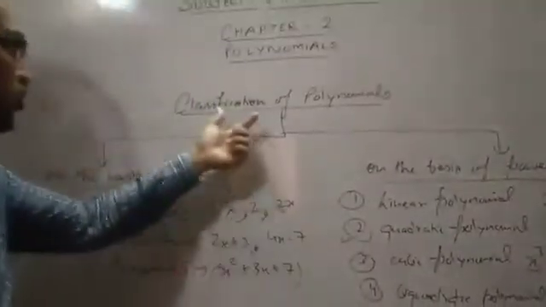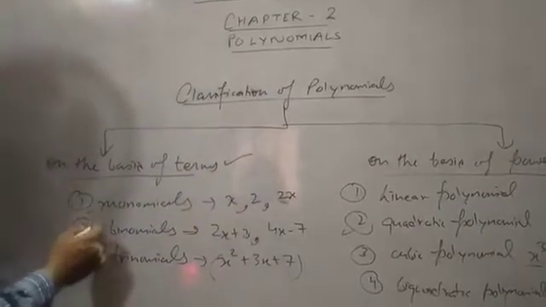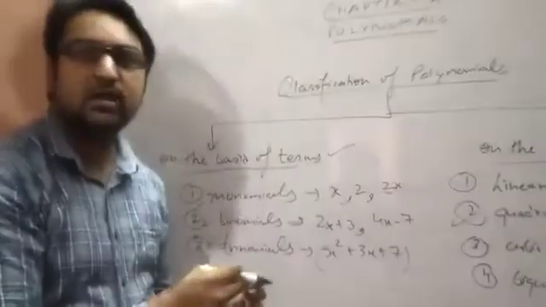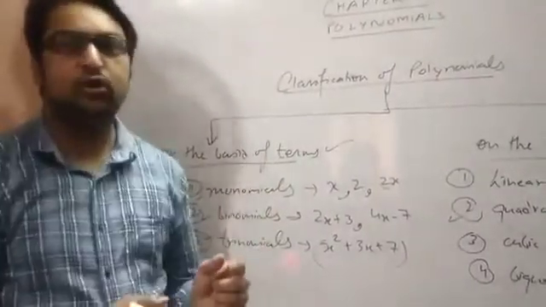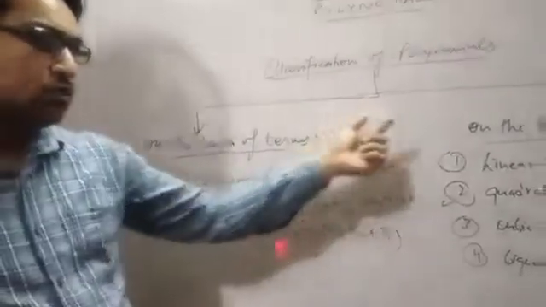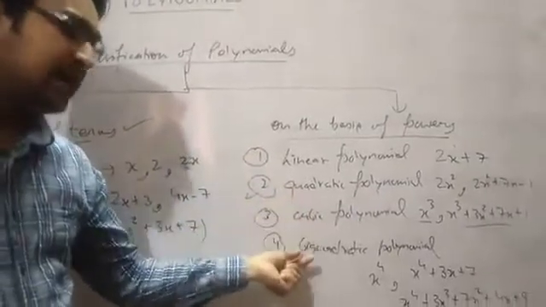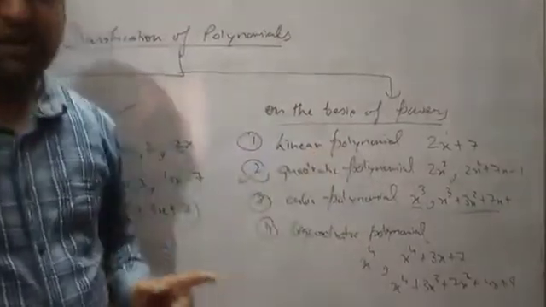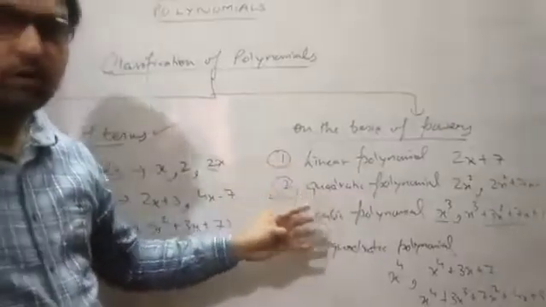So classification of polynomials on the basis of terms is of three types: monomials, binomials and trinomials. यहां देखना है आपको, single term polynomials are called monomials, 2 term polynomials are called binomials and 3 term polynomials are called trinomials. And on the basis of powers, there are 4 types of polynomials: linear, quadratic, cubic and biquadratic. Degree 1 is called linear, degree 2 quadratic, degree 3 cubic and degree 4 biquadratic.